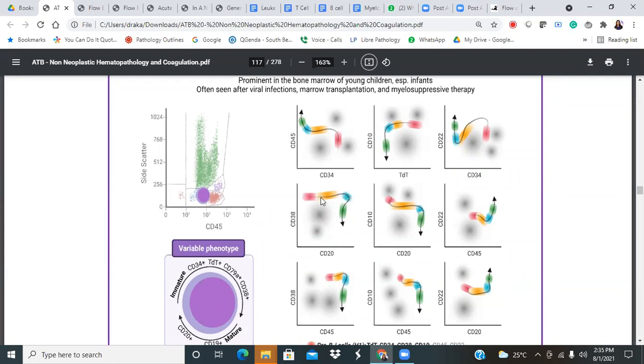CD38 is in the early precursors, so we know about that already, and then it dips down. The CD20 acquires in the stage 2. And again, this graph is very important, the most important, CD10 versus CD20, which we use in our clinical practice. Again, CD38 being lost and CD10 being lost, CD22 being acquired. In the later stages, the CD22 becomes brighter. So that's a nice depiction of what goes on with the hematogones.